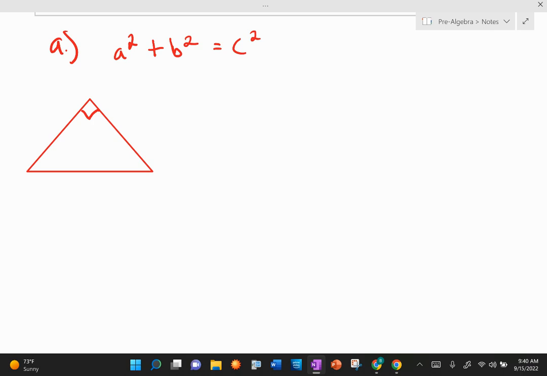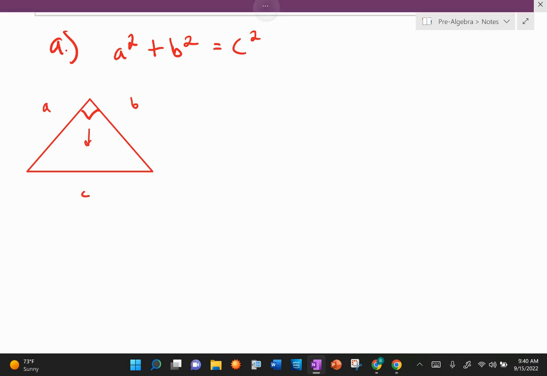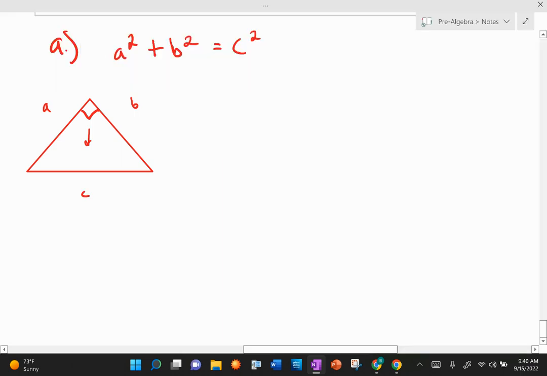It's flipped over on its side because OneNote is finicky, so it won't let me flip around. But here we'll say this is side A, this is side B. Side C has to be across from the right angle, so that's side C for us right there. So let's say that side A is 5 meters, and we'll say that B is 12 meters.